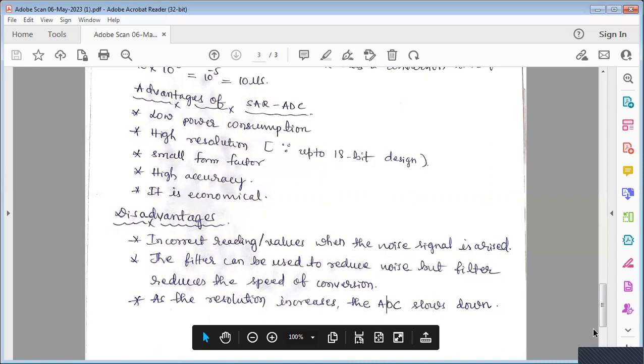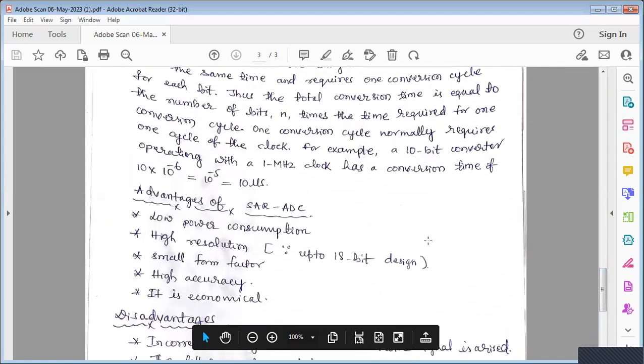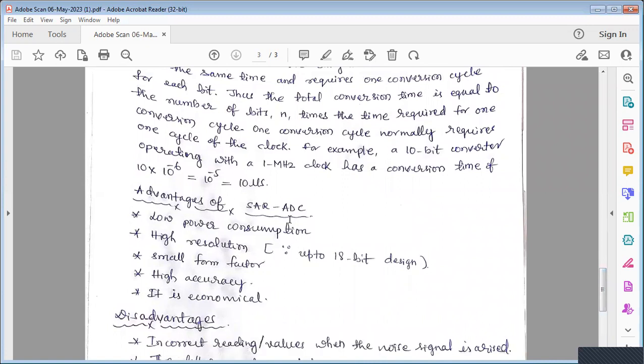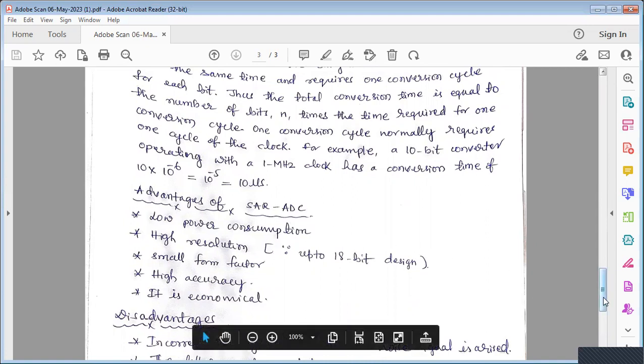If one compromises with these drawbacks, nevertheless, this SAR ADC is a very good ADC circuit, and most of the time it is used to construct digital voltmeters, digital ammeters, all those things can be constructed easily.